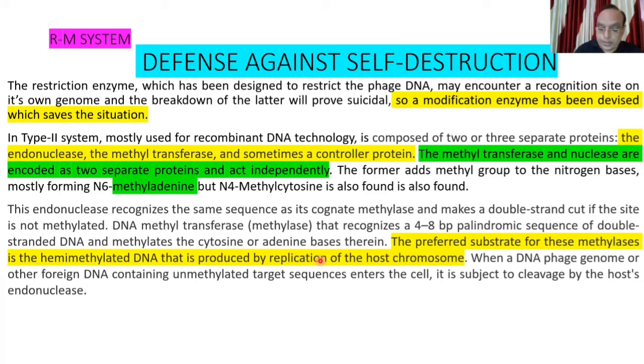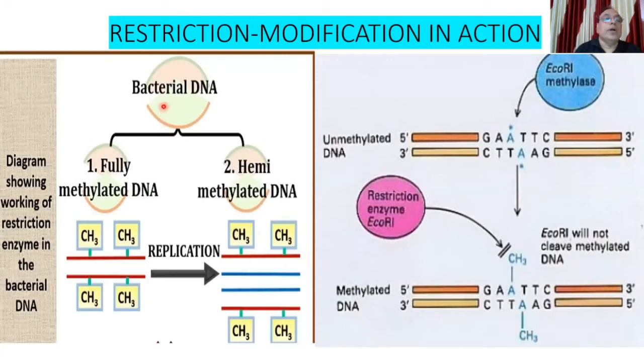So let us see this next slide. Here you have the bacterial DNA. Replication, you know, is a semi-conservative process. Before replication, it has methylation on either strand. You see here, both the strands, this is the recognition site, and this recognition site has been properly methylated on both the strands.